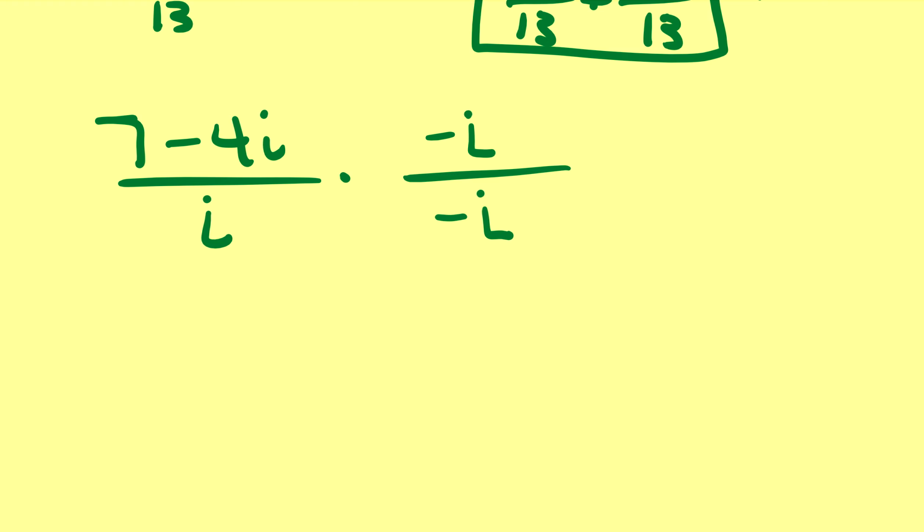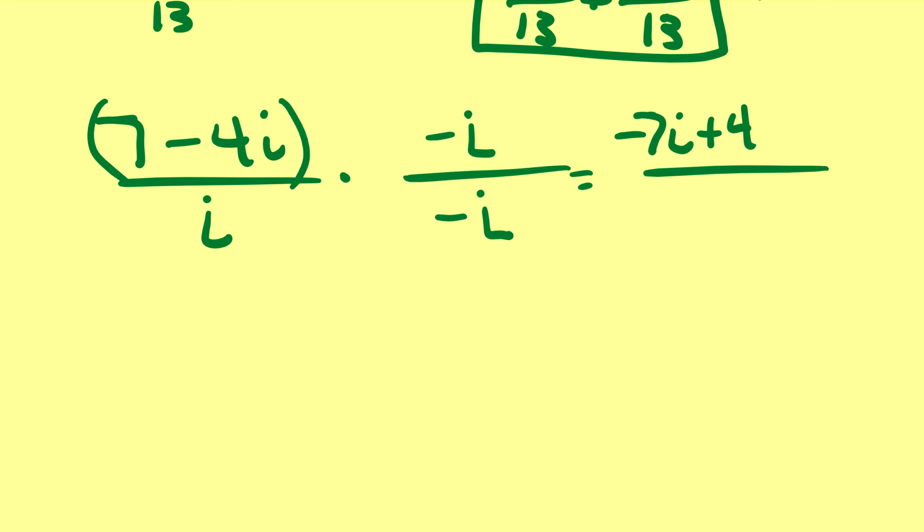All right, so what do I get when I do this? My numerator here is going to be negative i times 7, which is negative 7i, and then negative i times negative 4i is going to be positive 4i squared. And there's that i squared again, which is negative 1.